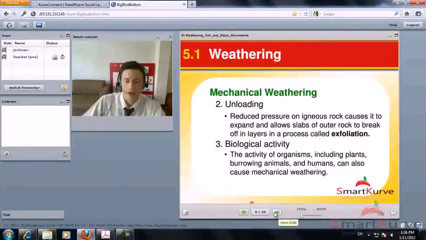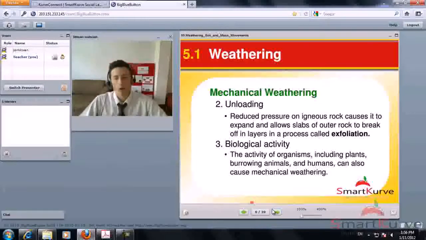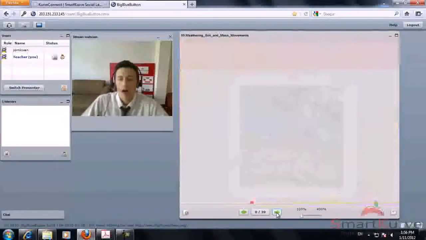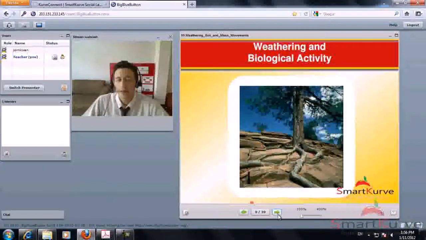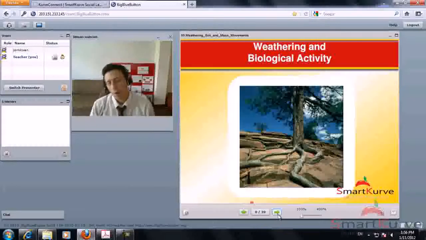The third type of mechanical weathering is biological activity. This is the activity of organisms like plants, animals, and humans. You can see a good example of biological activity on slide 8. You can see that tree with the roots growing down into the rock.